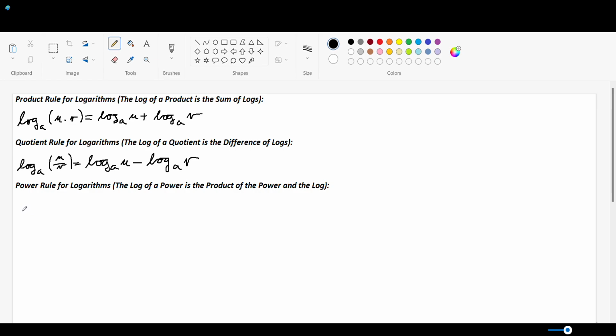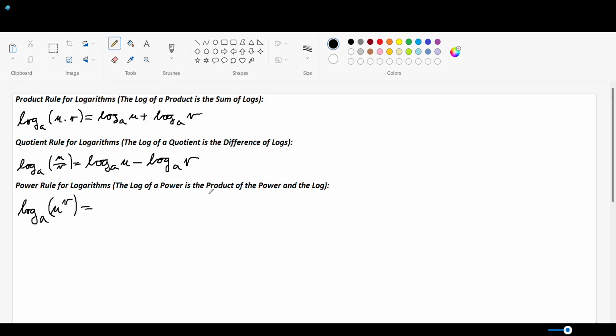And the last rule for logarithms is called the power rule, and it says the log of a power, which can be written as log base a of u to the power of v. Good manners are to provide parentheses here.